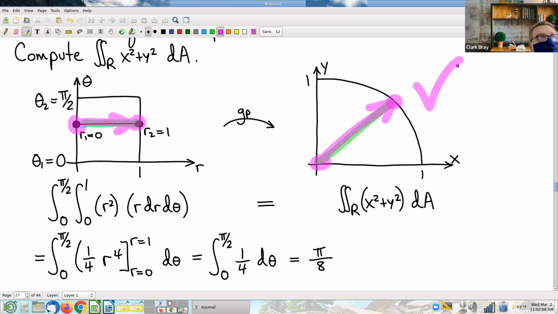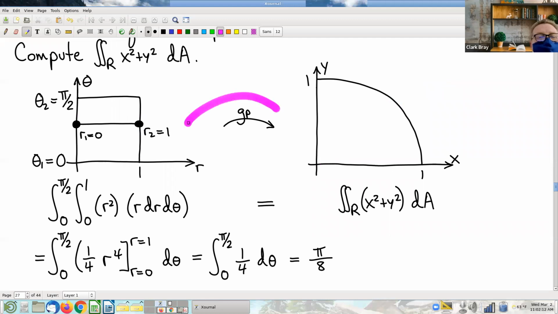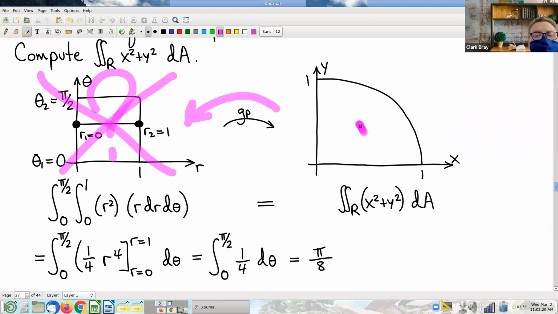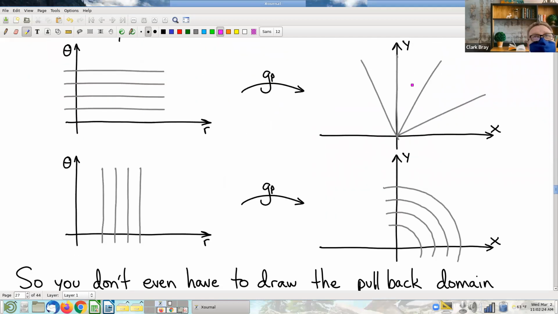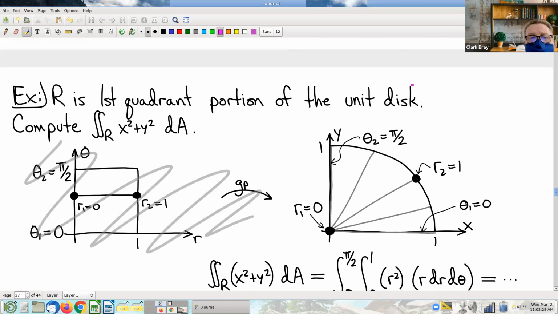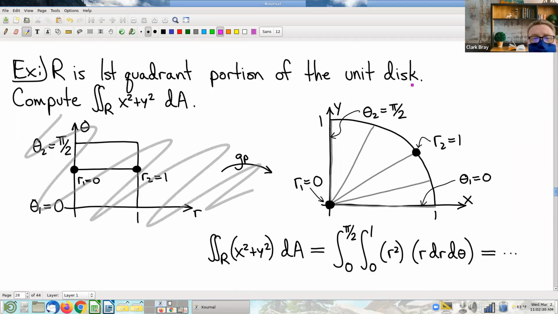So here's what's wonderful about this observation. Yes, we are doing a pullback, but I don't even have to draw the pullback. Everything I need to know about the pullback, I can see right here just by understanding what slices look like in the XY plane.